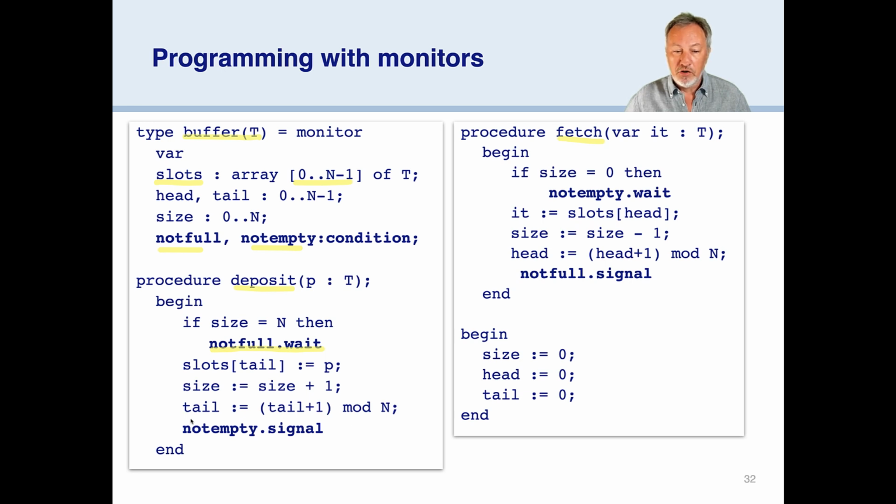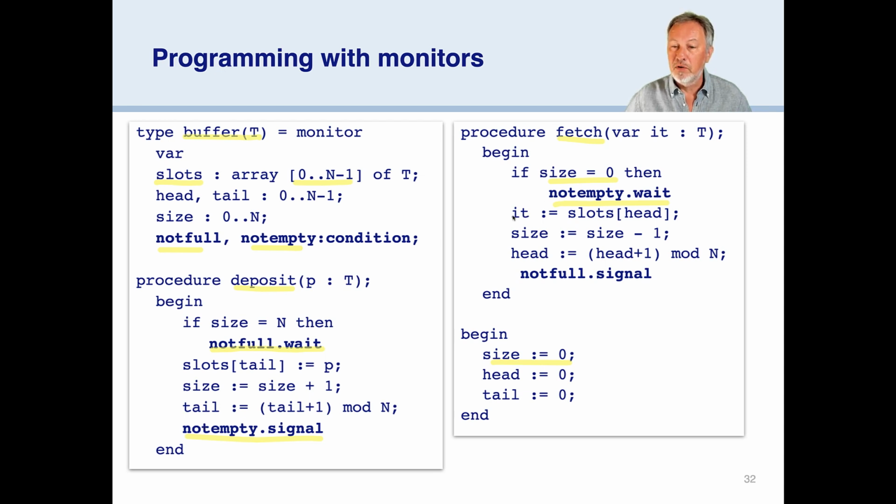And then eventually, once we've finished updating the slots by putting the value into the slot at the tail, increasing the size and increasing the tail modulo n, then we can signal on the condition variable not empty. Conversely, with fetch, if the size is equal to 0, which is the case initially, then we're going to wait on the not empty condition variable, which will be signaled the first time somebody deposits something into the monitor.